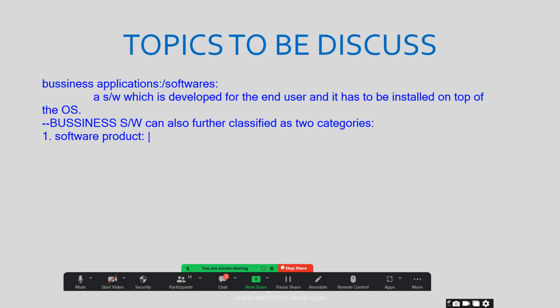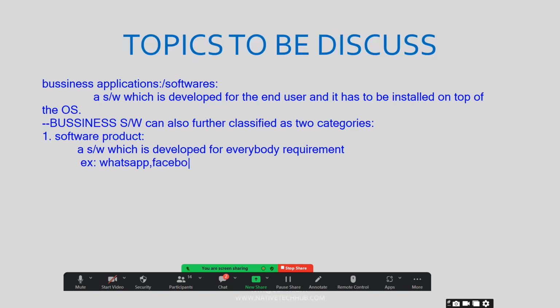So software product is nothing but a software which is developed for everybody's requirement. For example, WhatsApp is a software product. Facebook is a software product. Instagram is a product, isn't it?